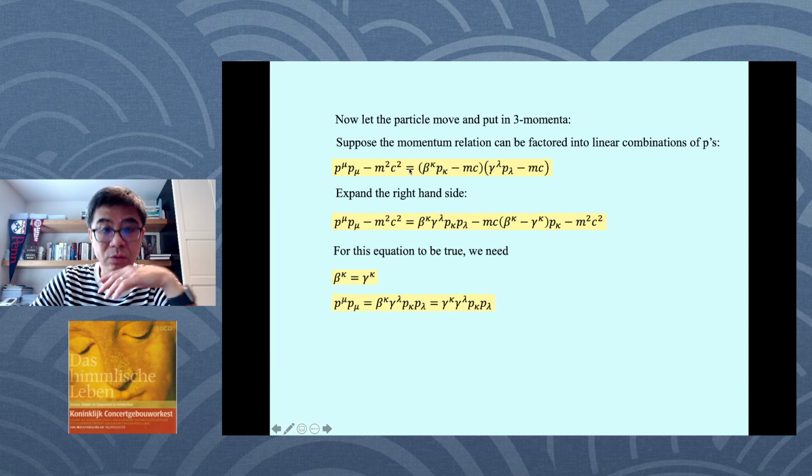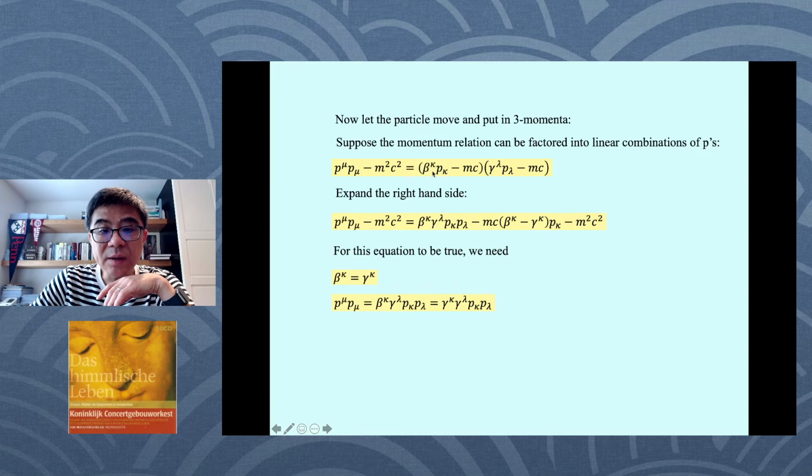Following Dirac's idea, we try to factorize this relation into two factors, each of them linear in p. So Dirac proposed beta kappa p kappa minus mc times gamma lambda p lambda minus mc.